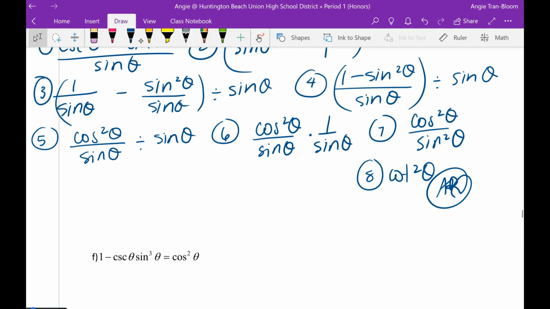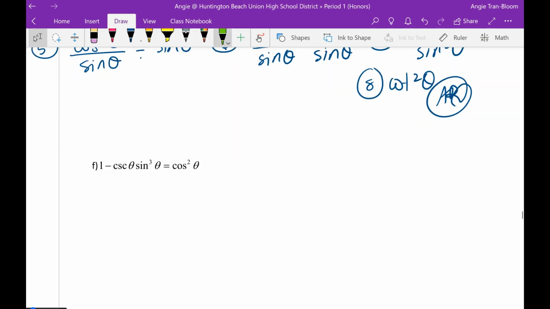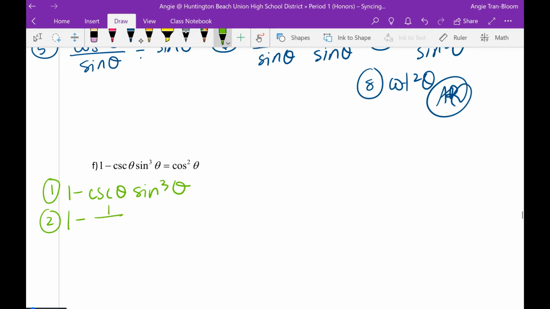What side? The right side? Left side? Okay. Daniel, are you done? Yes. You want to help us out? Yes. Okay, so you picked left side? Yeah. Okay. And then what did you do after? I put the secant theta and sine theta in parentheses.